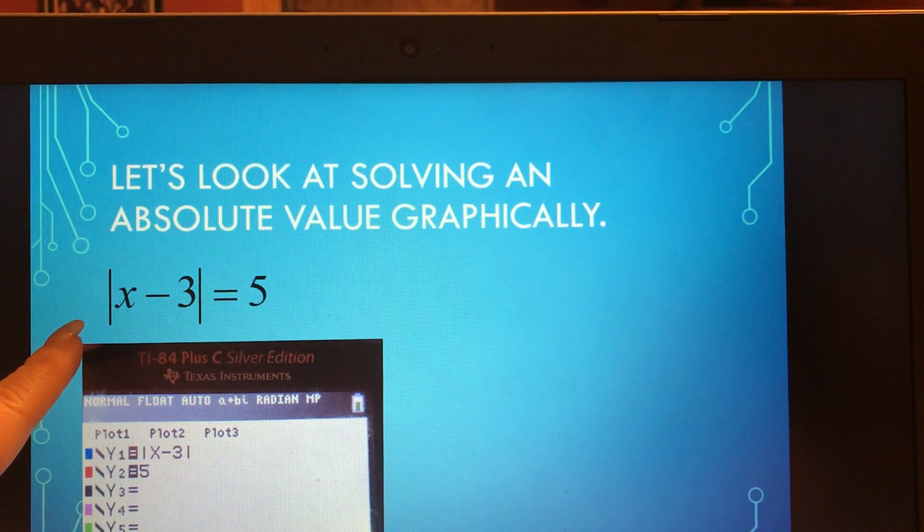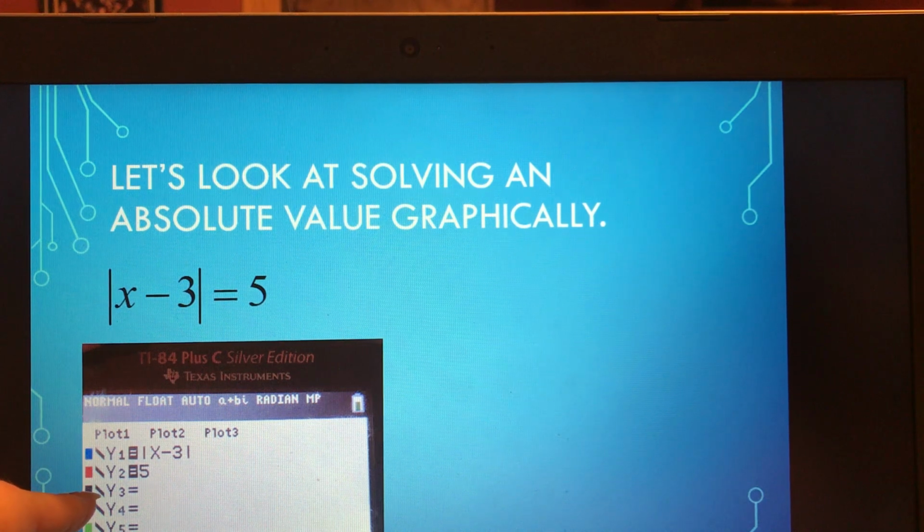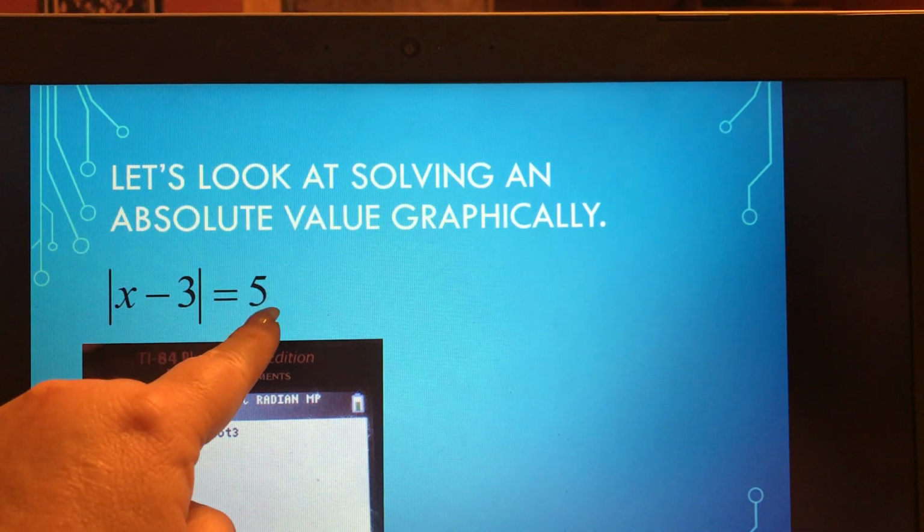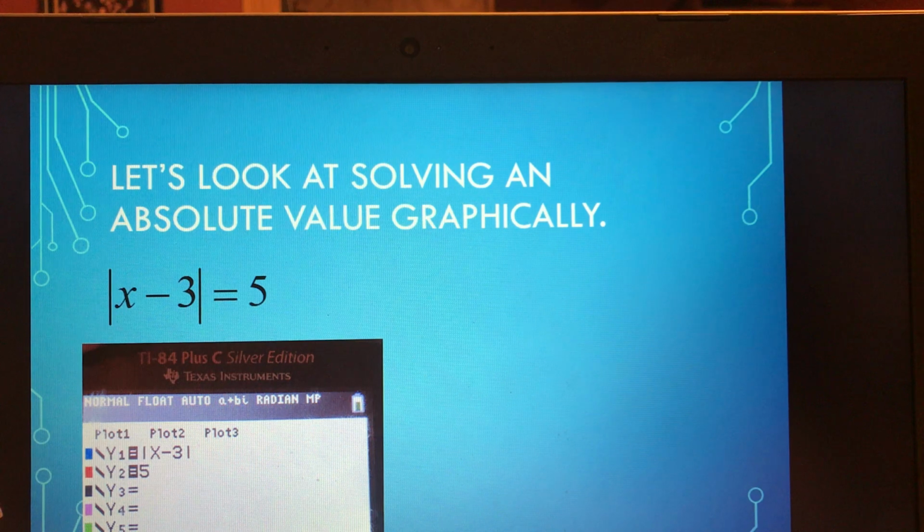There are several ways that you can get to the absolute value on your calculator. Most of you use the catalog. You can use either way that you choose. Then in y sub 2, you will put the right-hand side of your equation.